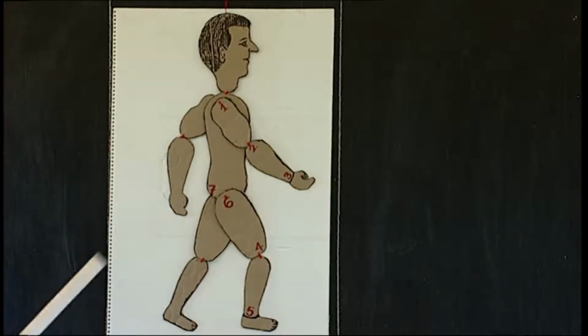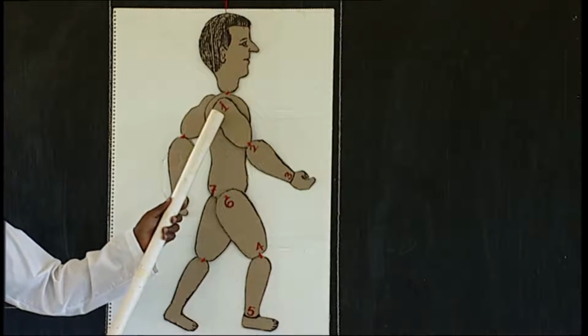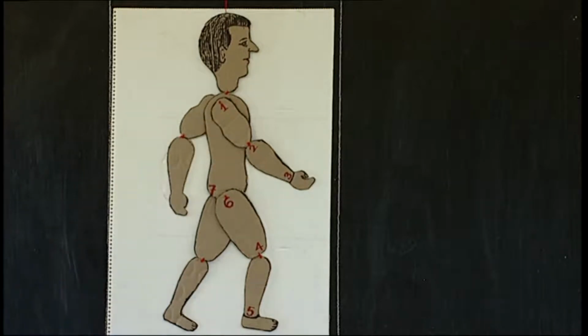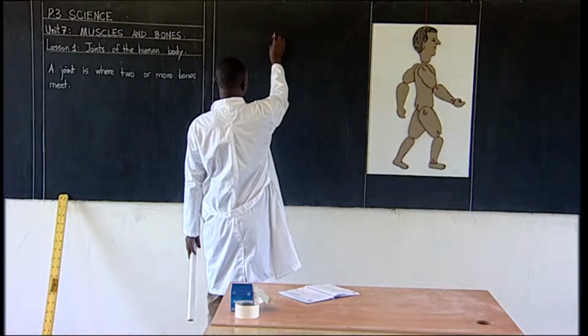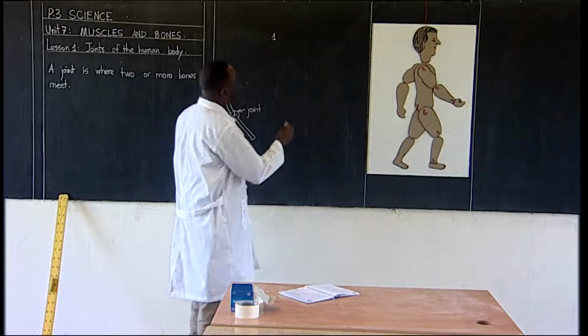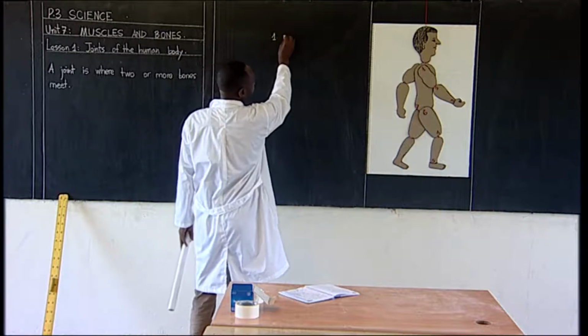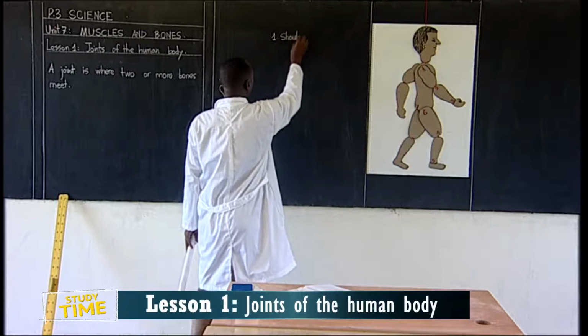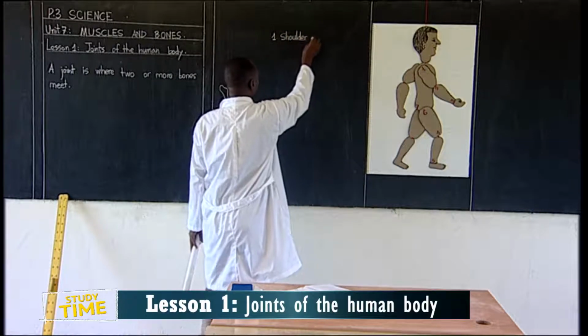So the joint there at the shoulder is named the shoulder joint. So we can name these joints from here. Joint number 1 from the chart there. 1 is the shoulder joint.